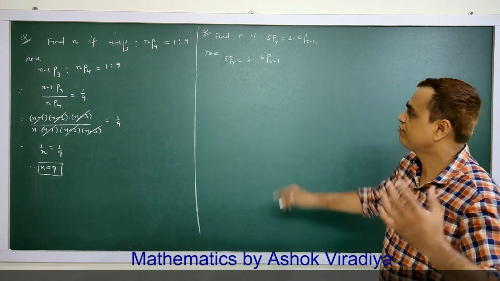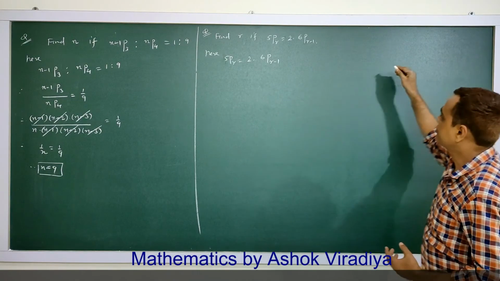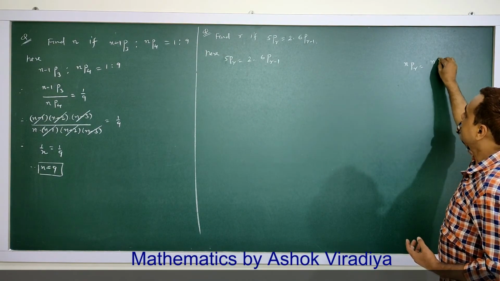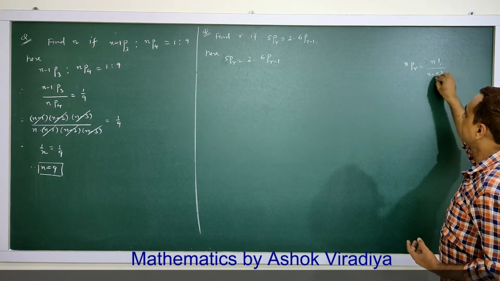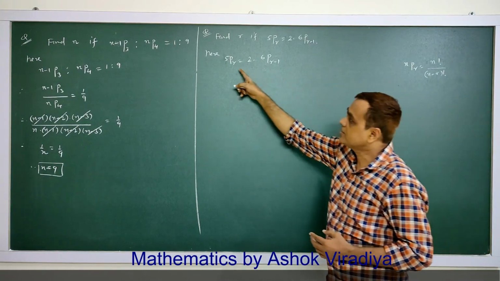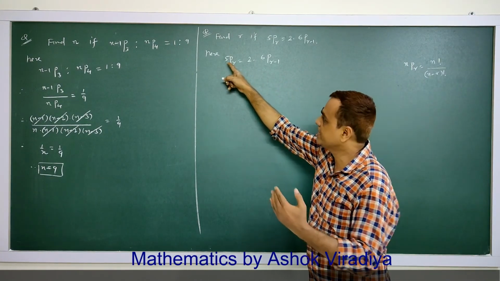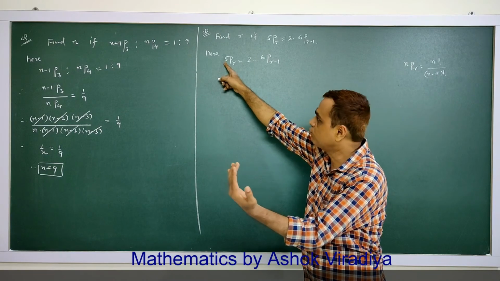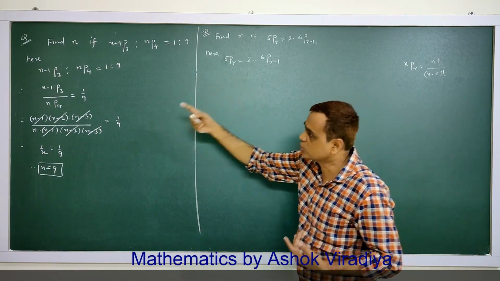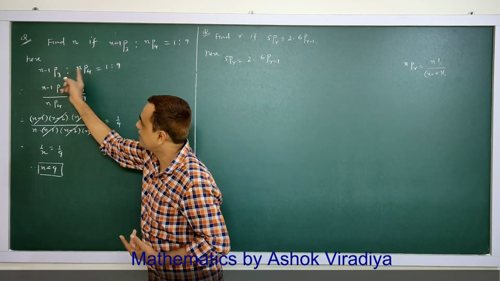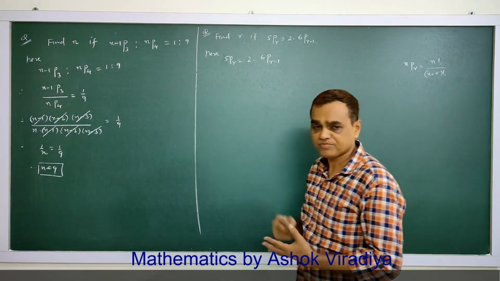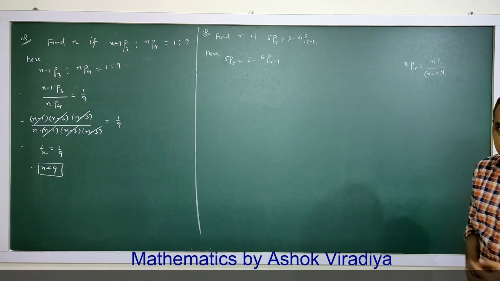In questions of finding r, we shall use this formula: nPr is equal to n factorial upon (n minus r) factorial. r is unknown, so beginning from 5, how many steps we have to go back is unknown. In the earlier question it was known, 3 steps, 4 steps. So in case of unknown r, we use this formula.